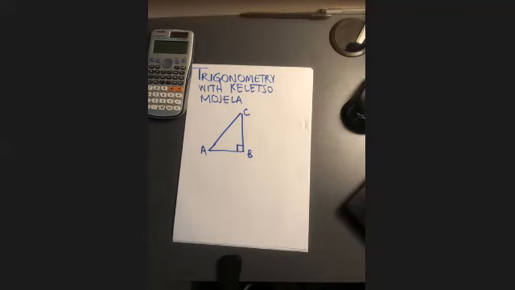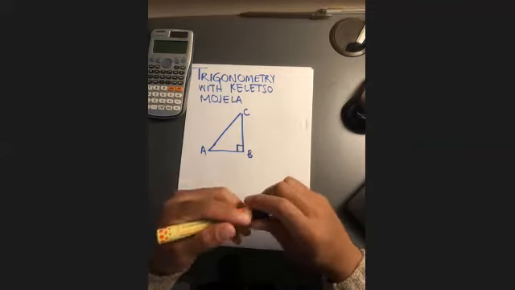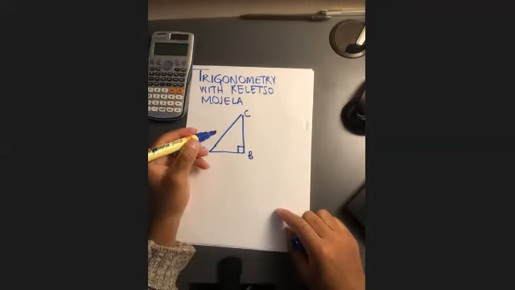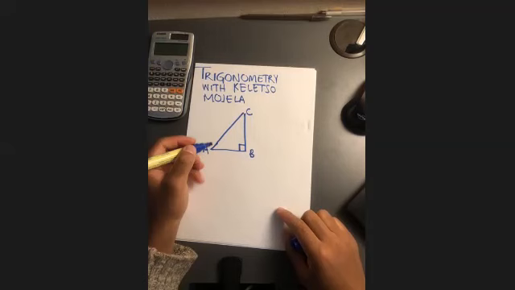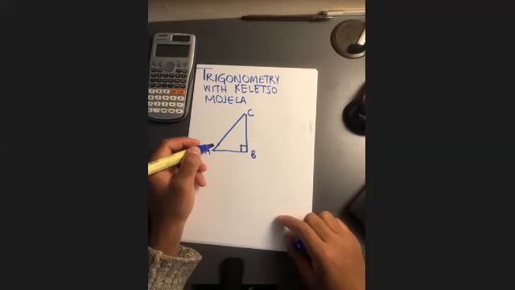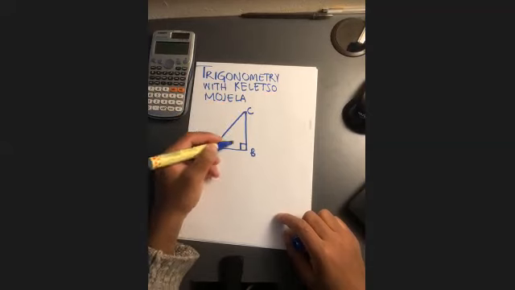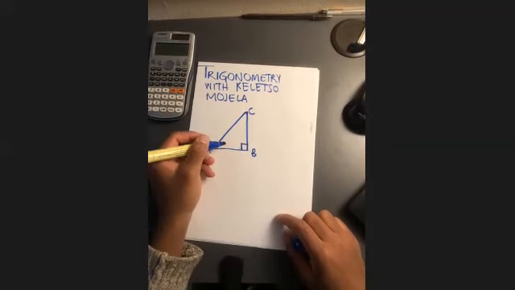But the whole ideology of trigonometry revolves around triangles. Just the study of triangles, how they relate with each other, the angles and stuff like that. So this is why I have my triangle written down here. You take a look at this triangle. There exist angles on all the corners of this triangle.